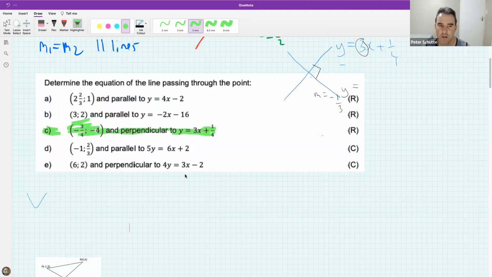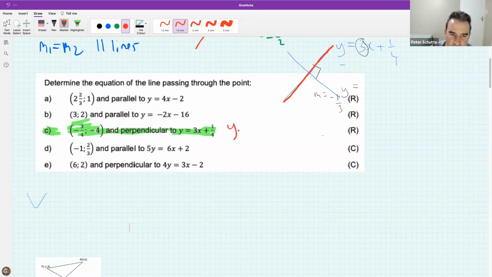So in response to Mr. Siwe's question, if you look at this line, a third x plus a quarter, you can kind of visualize it as this line here. The line that I want can't have the same gradient. It's got to be the negative reciprocal.